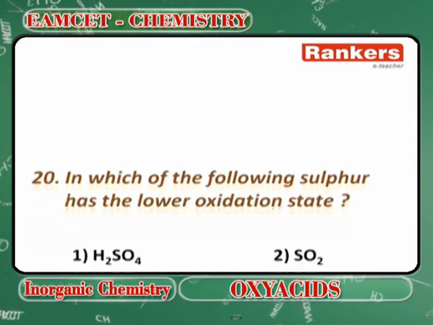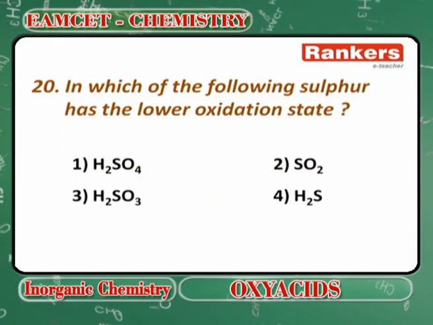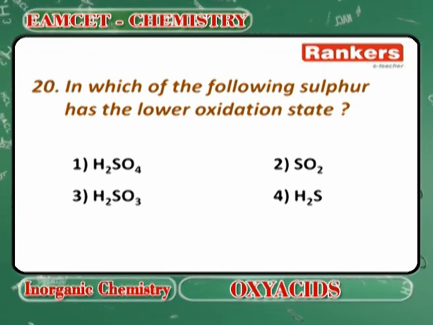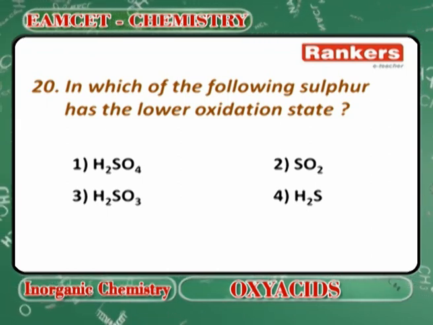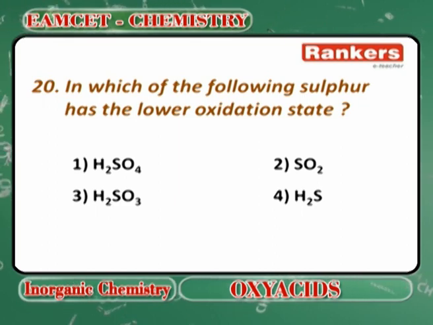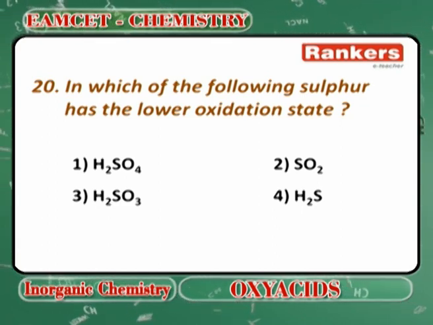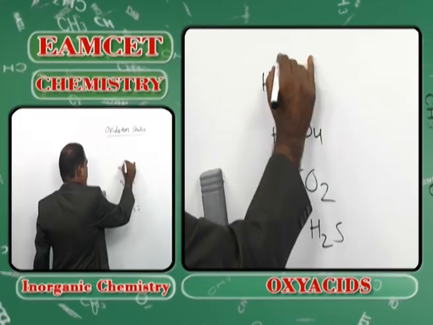Next, in which of the following does sulfur have the lowest oxidation state? Very good question. Look at the options: H2SO4, H2SO3, SO2, H2S. This will be the last question. H2SO4, you already know, is plus 6.